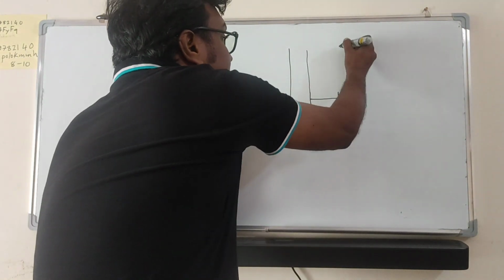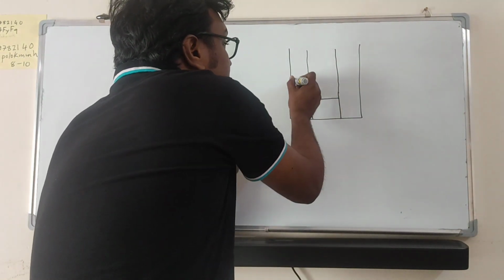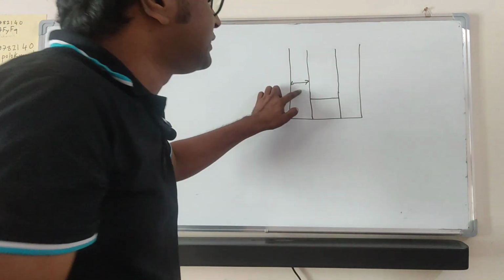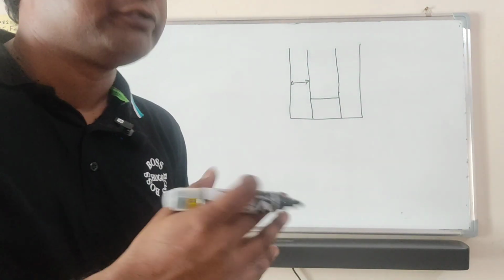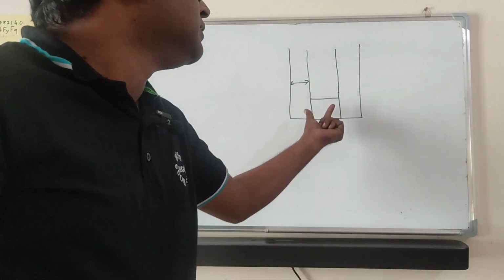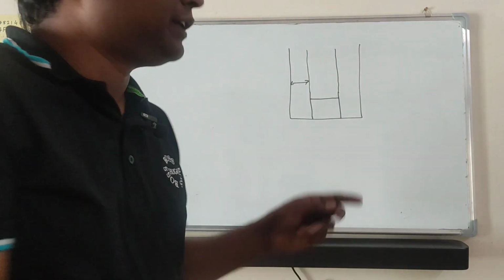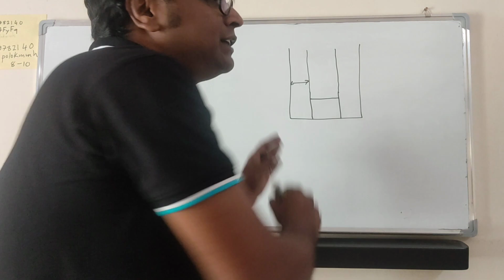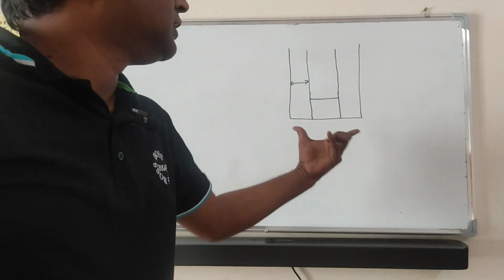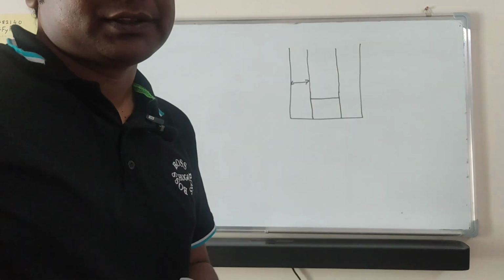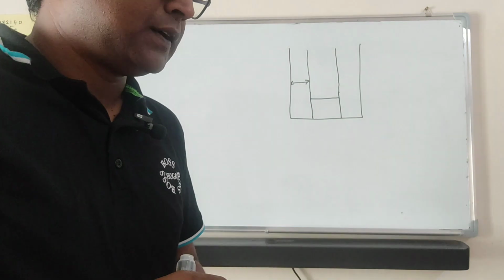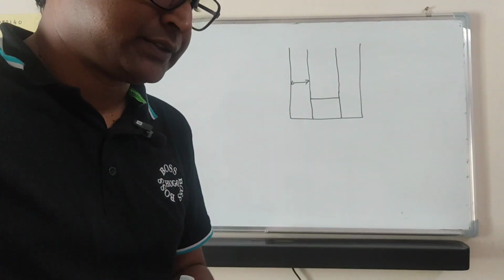So if we change the gap, that means we vary the gap, by changing the size of the large container. The inside container remains the same, but the large container is usually changed across 4 or 5 different containers.